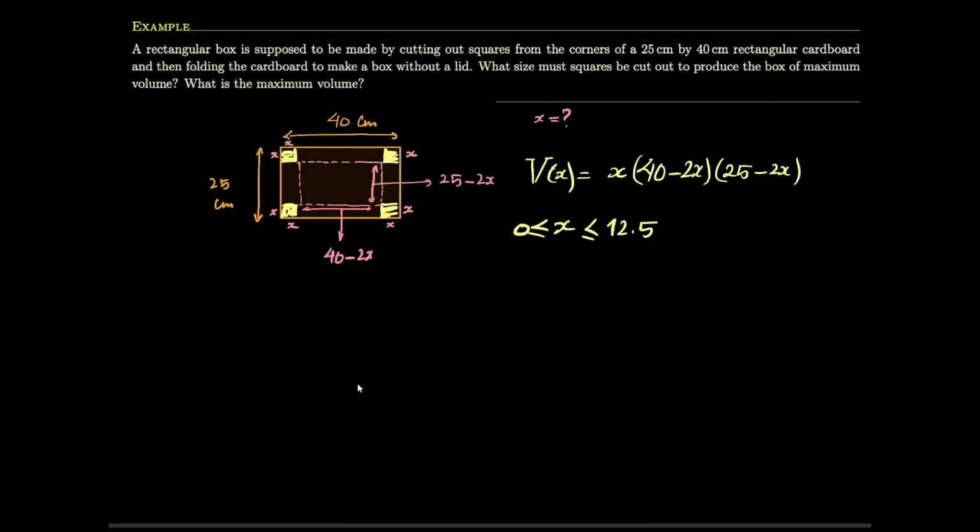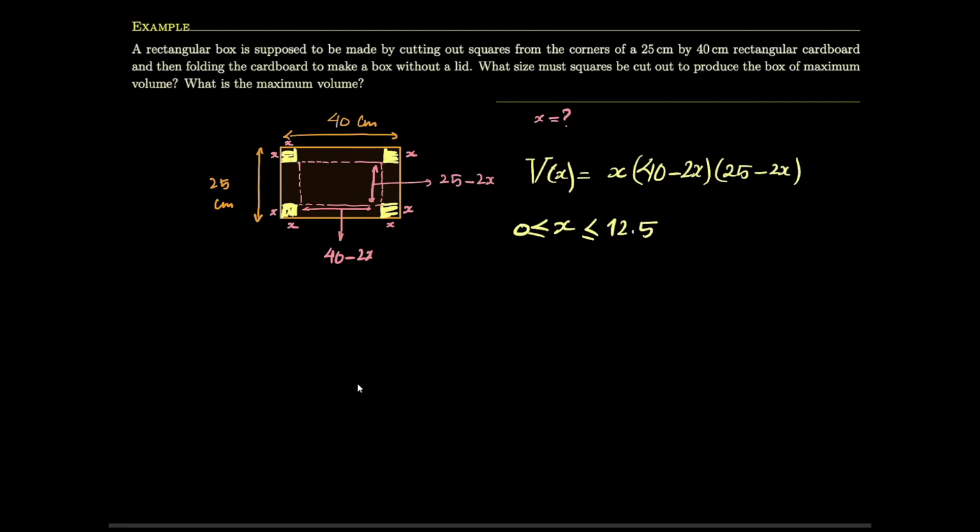Do you agree with me? Because this should be positive, this should also be positive, otherwise I will not have this box. The limitation here is less, so here x should be less than 20, here x should be less than 12.5. I need both of them, so the common part is just 12.5. And then you know what to do. This is your function, this is your interval, so you have to be patient and calculate it.